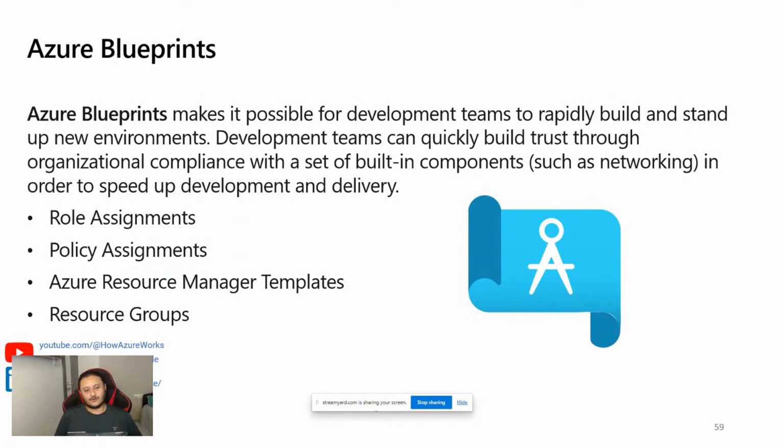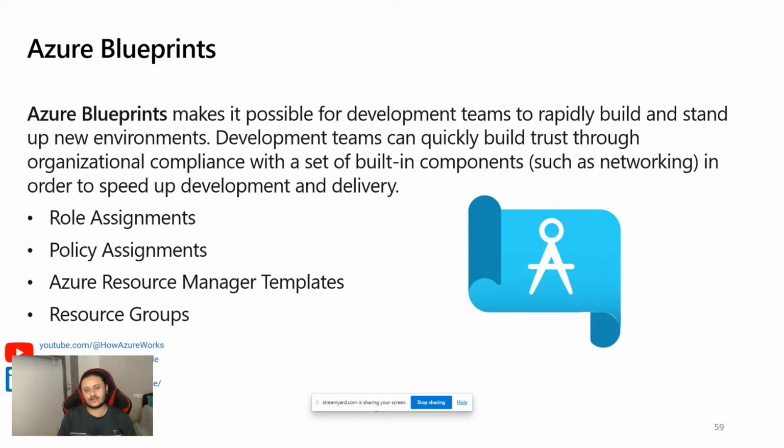Now coming to the blueprint, what is the blueprint? You might have heard one word going forward about your landing zone. So blueprint is nothing but it's defining, whenever you are going to create your environment on Azure, what will be your network, what policy gets assigned, what will be the policies for your resource group, and how the resource group template is defined.